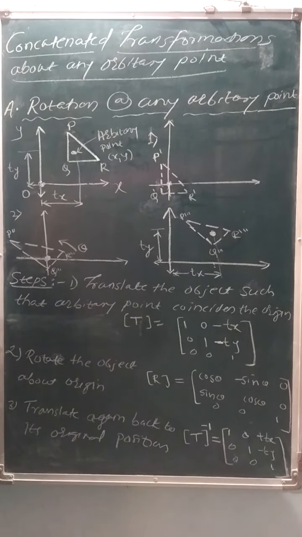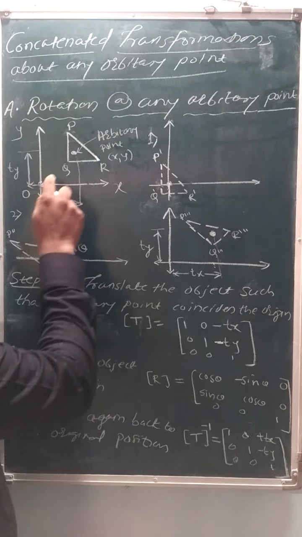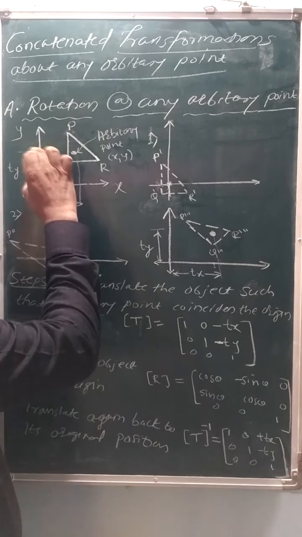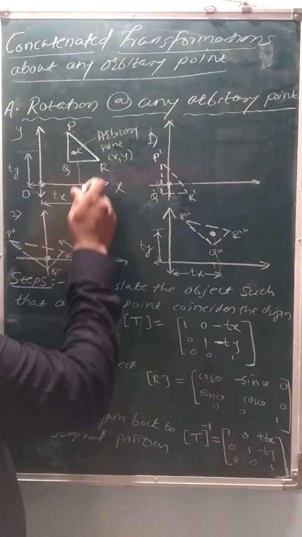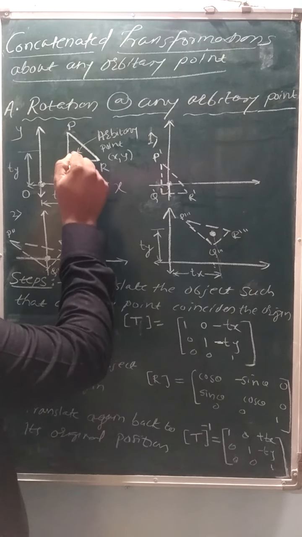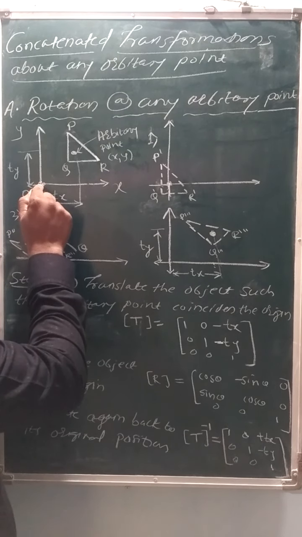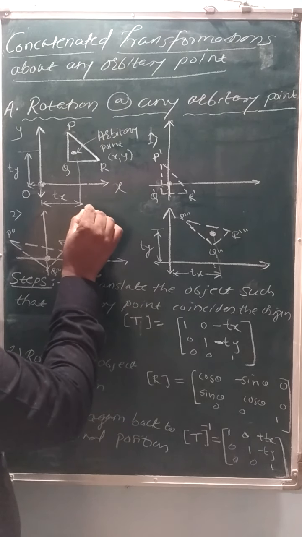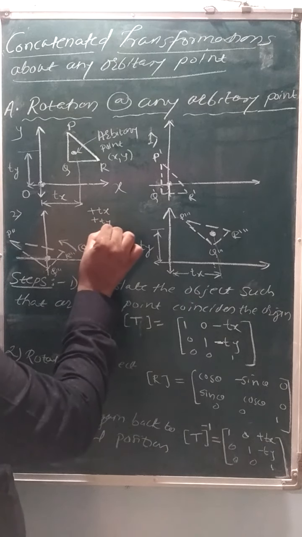See here, before translating this arbitrary point to the origin, existing distances are tx and ty. So in step number 1, we are translating this arbitrary point from its original position to the origin by these distances. Before translating, the distances are plus tx and plus ty.